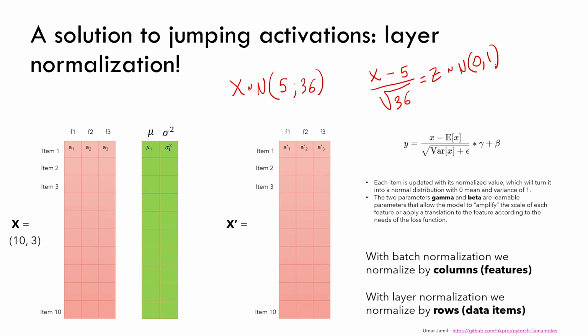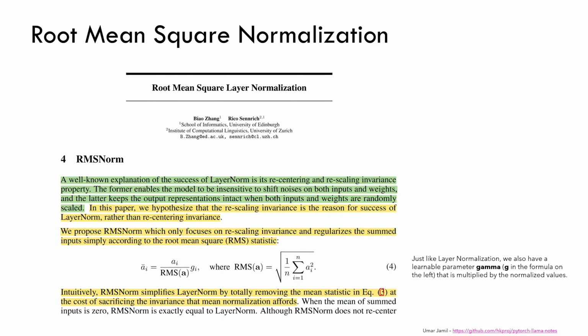So it will become a standard Gaussian. This is exactly what we are doing here: we are transforming them into standard Gaussians so that this value most of the time will be close to 0, distributed around 0.